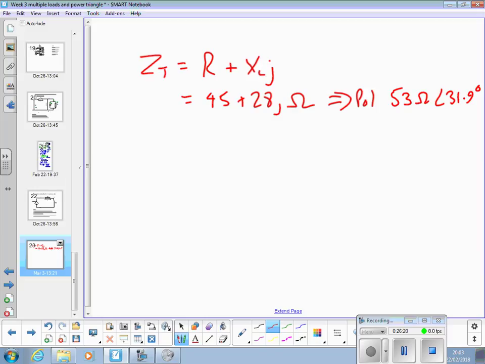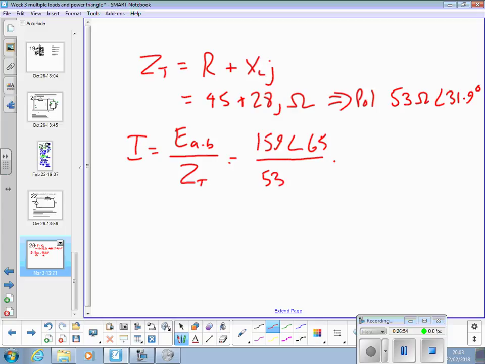Yep. Now what can we find? I is equal to, yeah, well done. So we got this: 159 angle 65 divided by 53 angle 31.9.